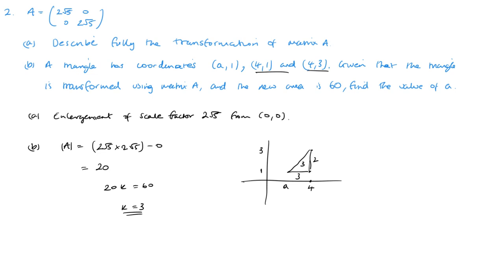So A would be 1, or we could equally go the other side of the 4, add 3 on, that would be my A that way. So 1 and 7 are our two possible answers there. Okay, hopefully that makes sense.